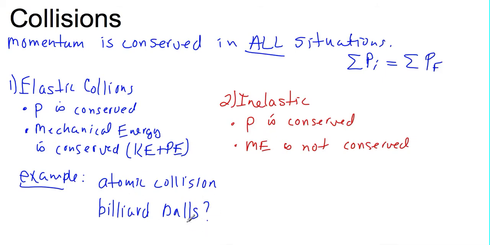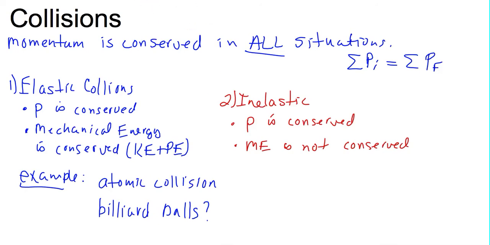That's why I put a question mark here, because sometimes they'll say two billiard balls collide and ignore the effects of sound and friction, and then they become elastic collisions. They're probably the closest thing we have to an elastic collision other than atomic collisions. But sometimes the numbers for atomic collisions are hard to work with because they're very small and the speeds are very high, and it's easier to work with something like a pool ball because people can visualize that.